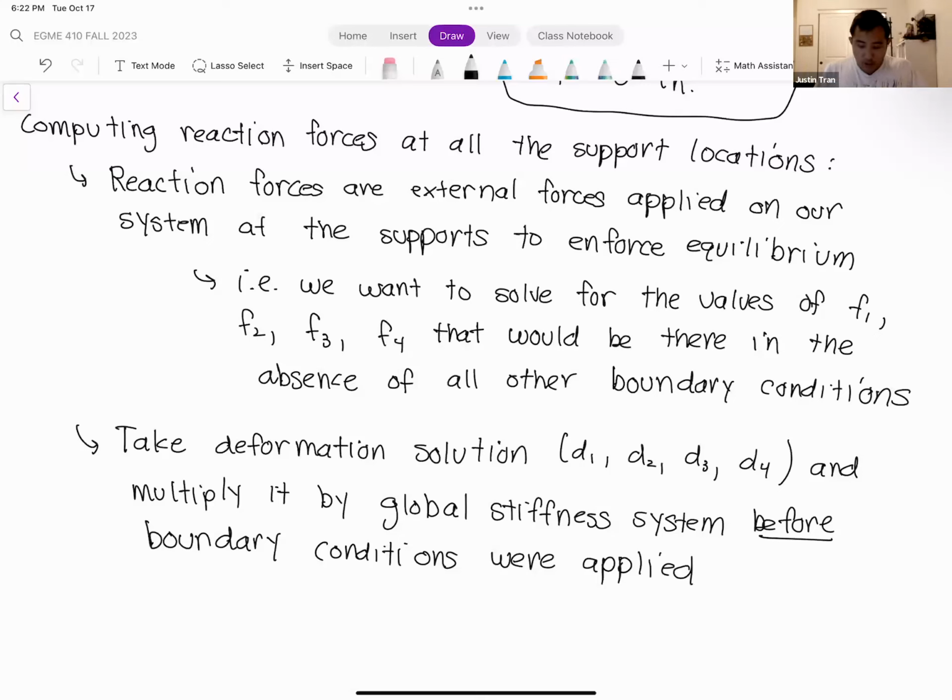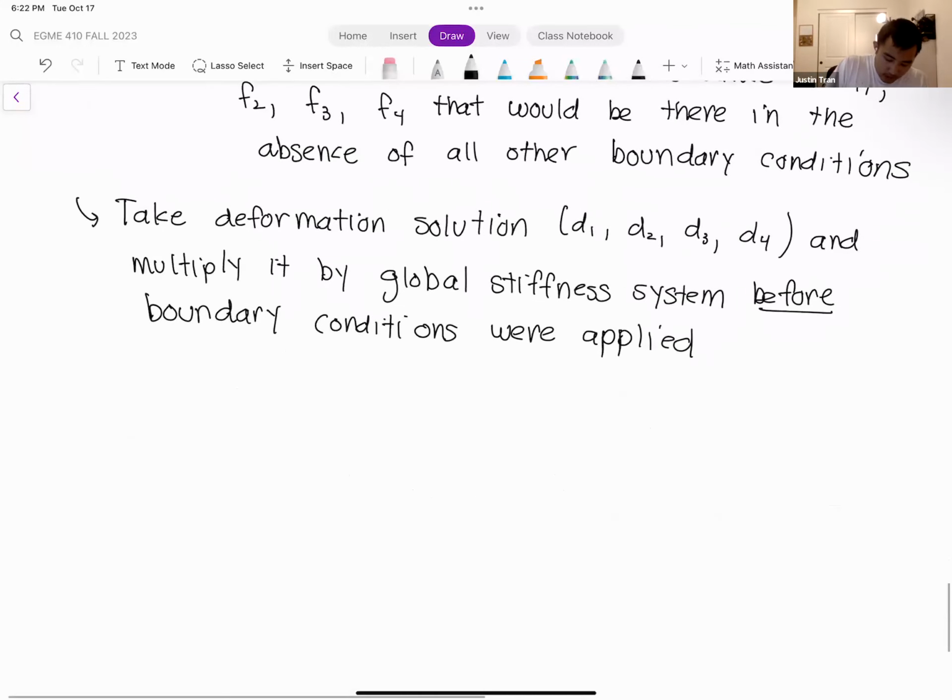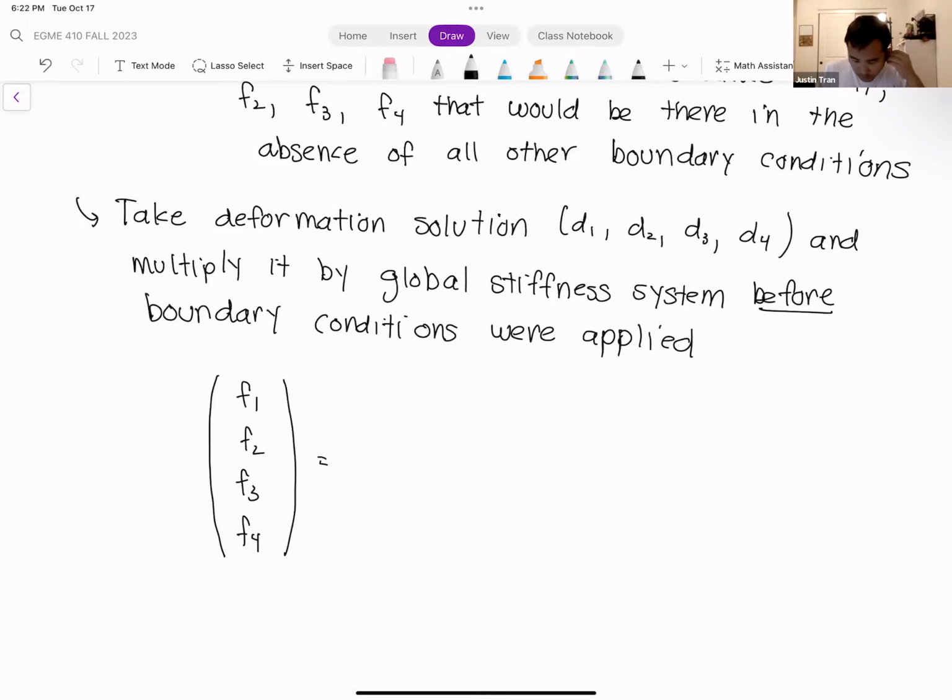Okay, so let's see what that would look like. If we look at our original system, we have F1, F2, F3, F4, before any boundary conditions have been applied.